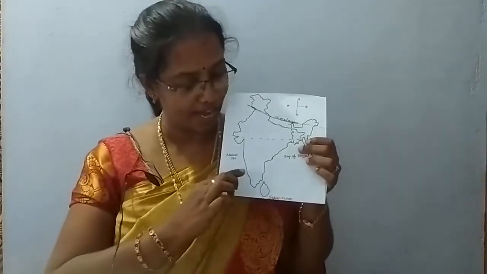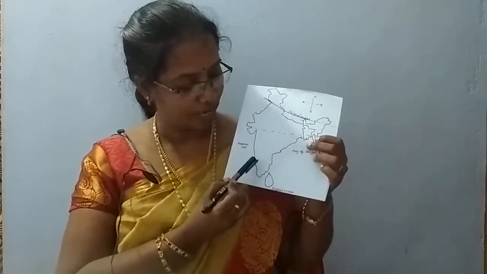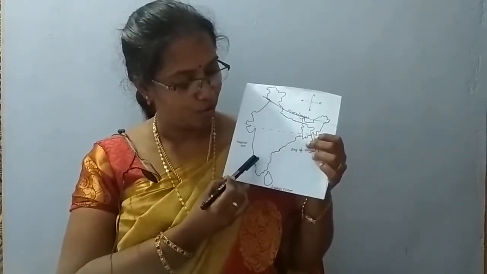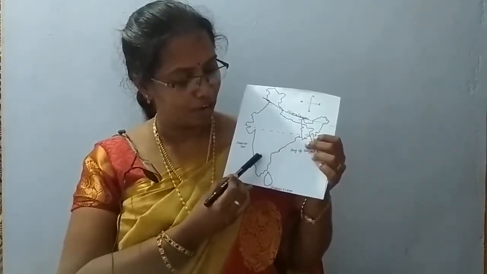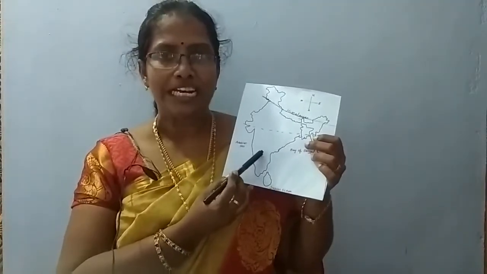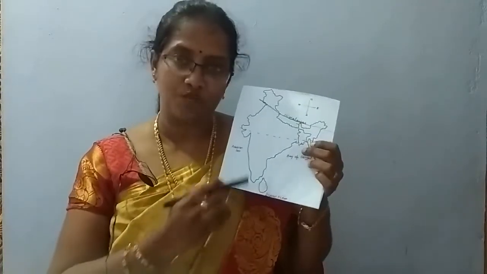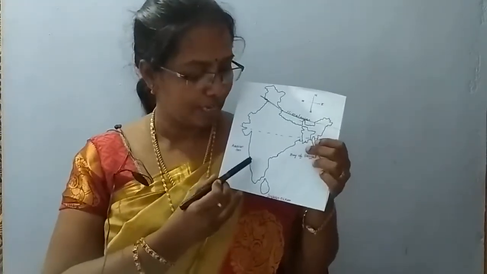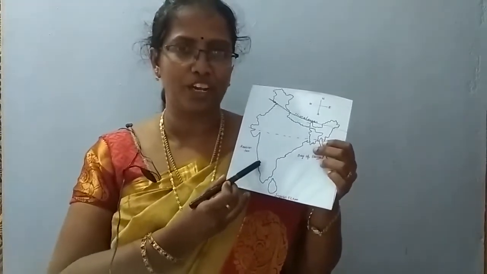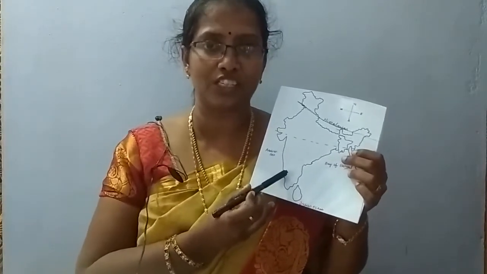This is Mangalore and this is Bangalore. Bangalore is located on the leeward side of the Western Ghats, so it receives only very little rainfall, about 50 centimeter. At the same time, Mangalore is very close to the coastal region, so it receives 280 centimeter rainfall. These things are given under the relief features.